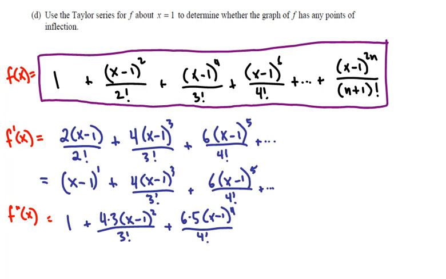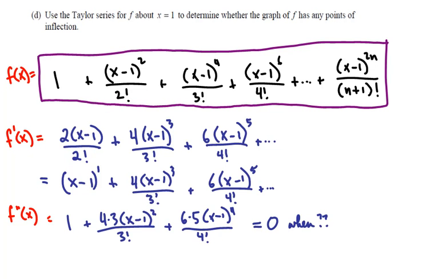And when we try to find out where this will equal 0, it turns out that it never equals 0, because when we plug in x equals 1, all the other terms will become 0, but the value will be 1 when x is equal to 1.